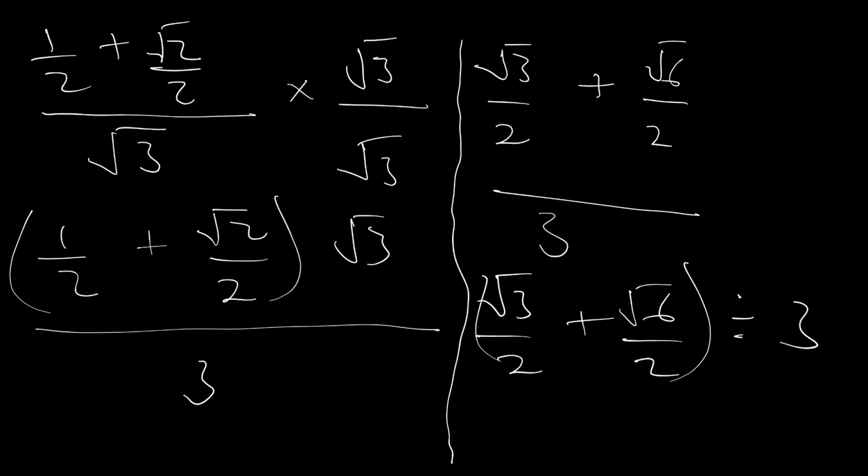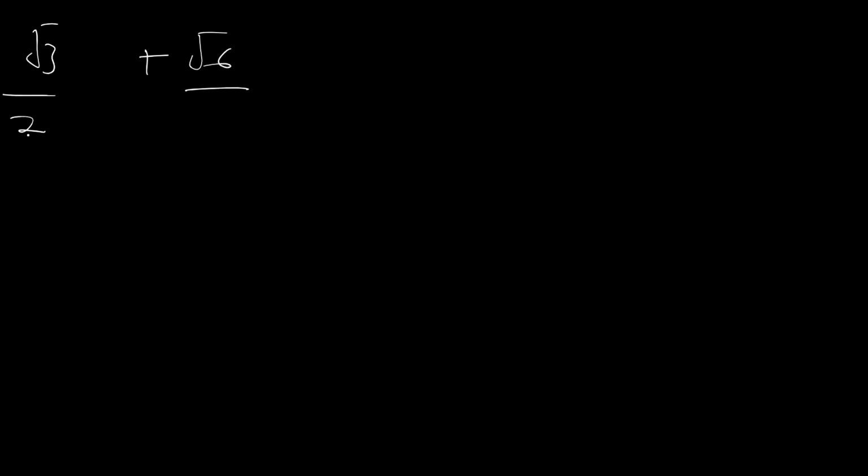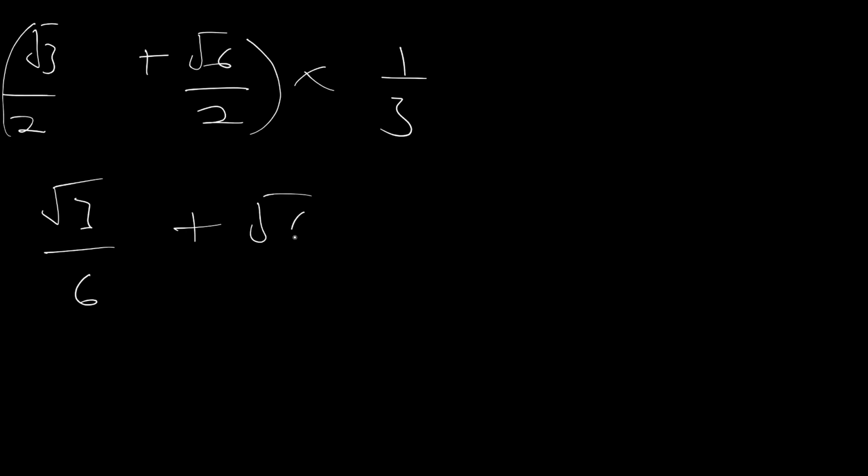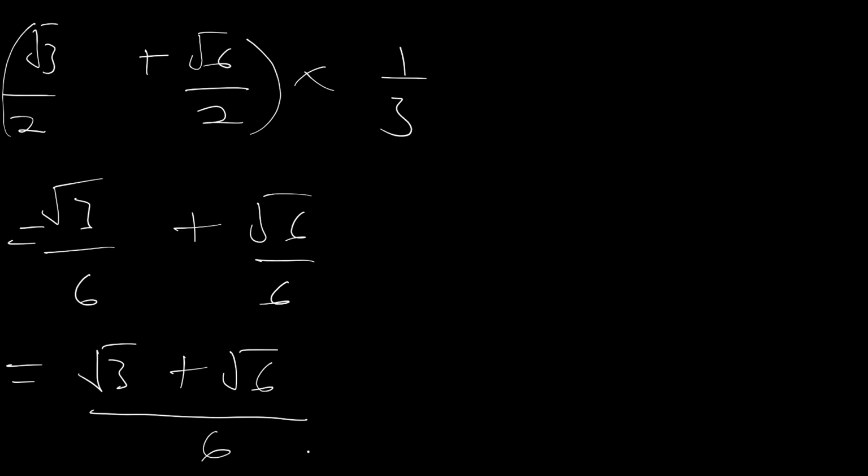You have root 3 over 2 plus root 6 over 2, all multiplying 1 over 3. So we have root 3 over 6 plus root 6 over 6. This can be written as root 3 plus root 6 all over 6. So this becomes our final answer.